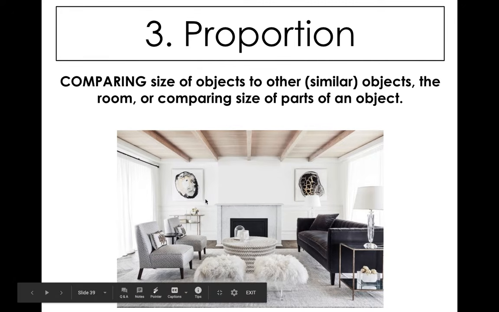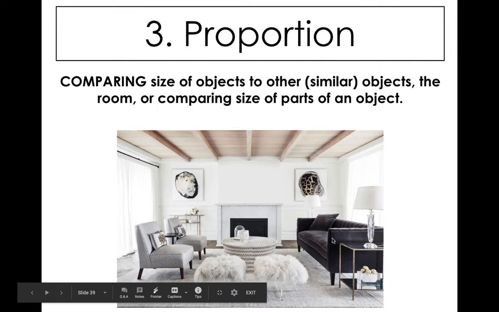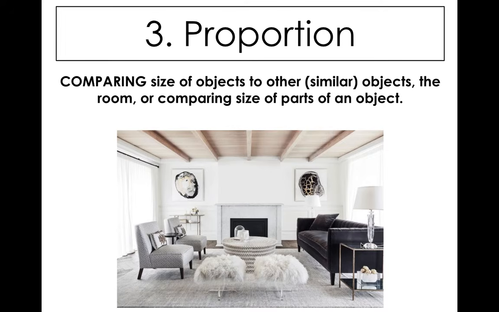Okay, so you want to make sure that everything fits together nicely, and it's not that one piece of furniture is going to be way too big. So if you had a very large overstuffed couch, you wouldn't want that couch to be paired with very dainty chairs that don't look like they fit together well.